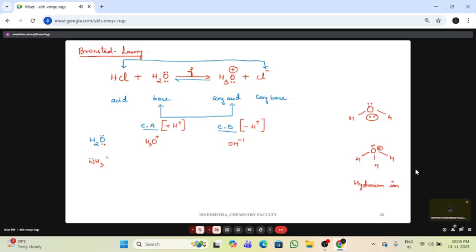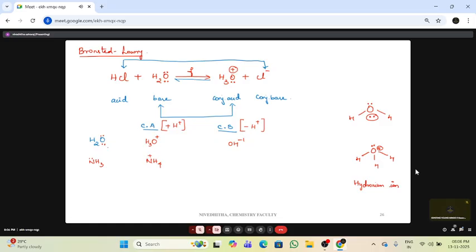Ammonium ion and ammonium hydroxide, ma'am. Okay, ammonium ion. So you have to add one H plus ion. So NH4, and you have to add one positive charge. NH3 is a neutral molecule, to which I'm going to add one positive charge.